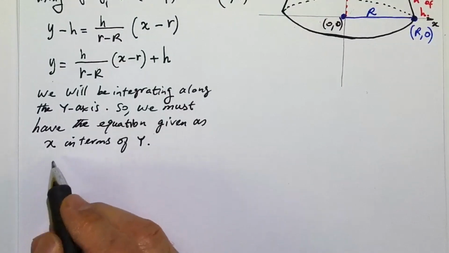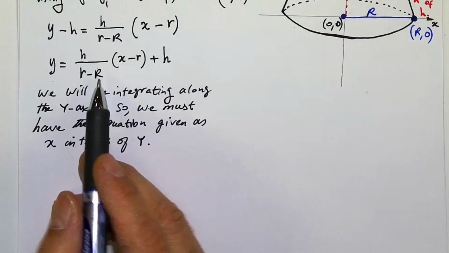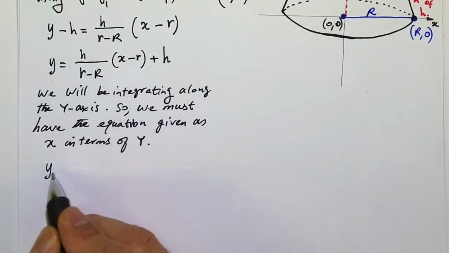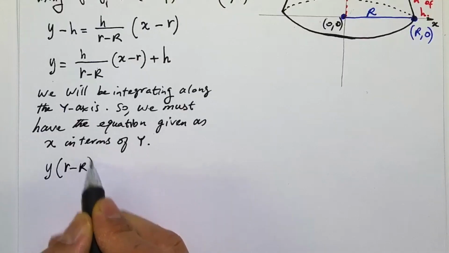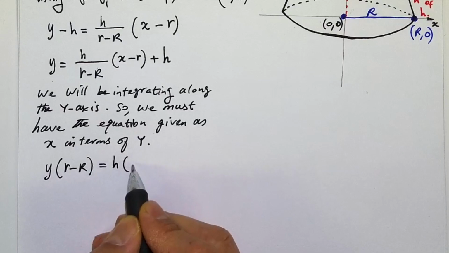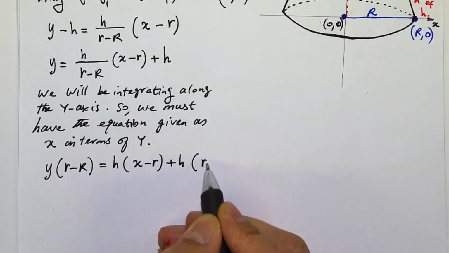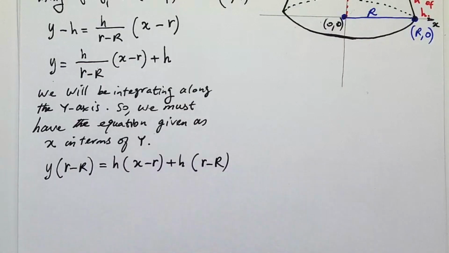All right, so we multiply both sides by lowercase r minus capital R. And we have h plus h times that.